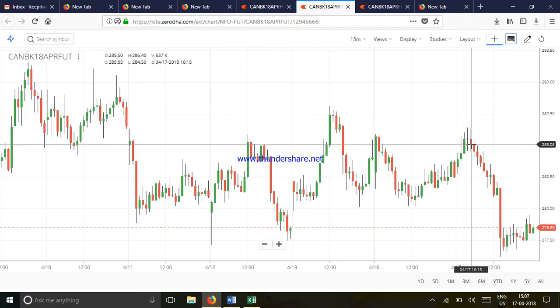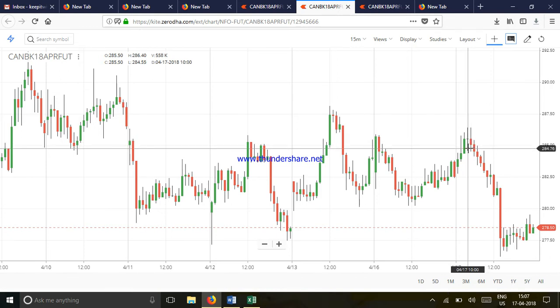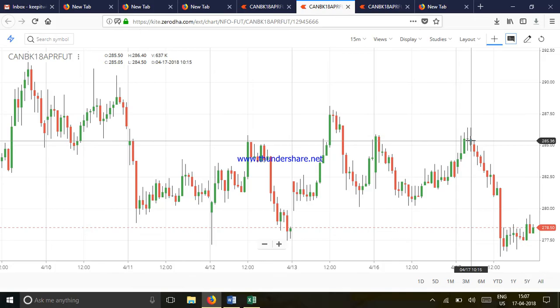Then we call it an engulfing pattern, and this pattern is seen only in the 15 minute chart, not in any other time frame. So here this body is engulfing the previous one. Here this also is a fractal by definition, 286.40.